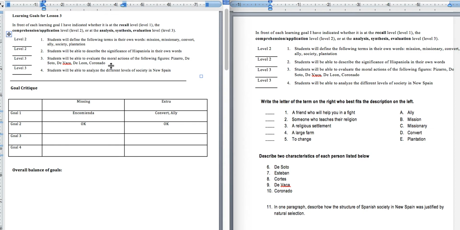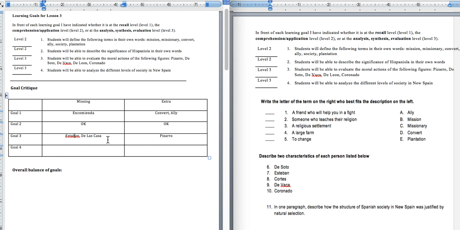For number 3, I have people of significance. And I know that Pizarro was actually somebody who was extra from Lesson 2. And I also know that 2 people are missing from Lesson 3, Esteban and De las Casas.